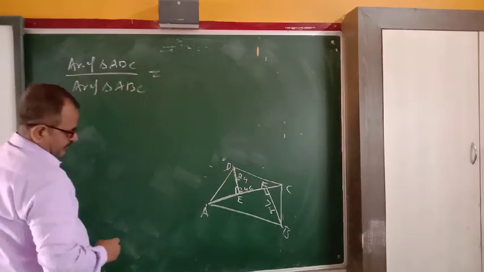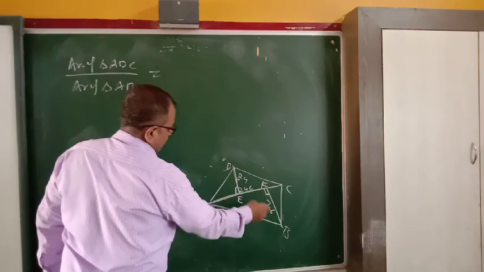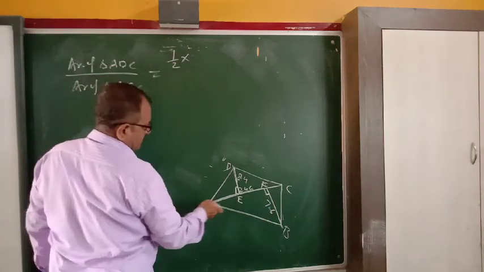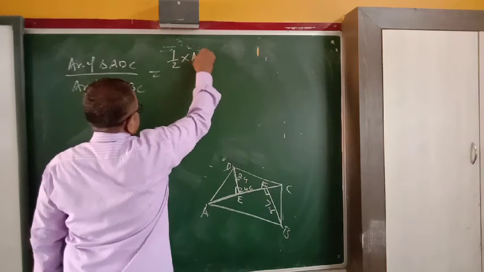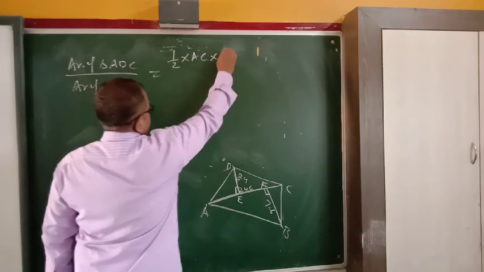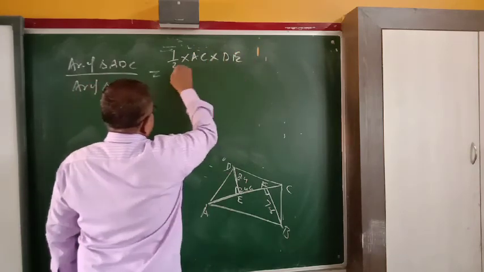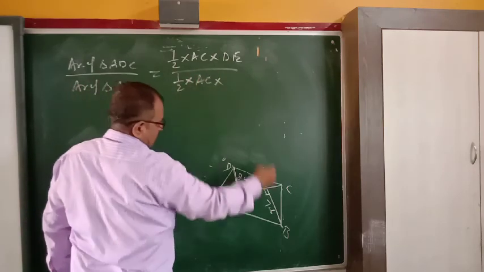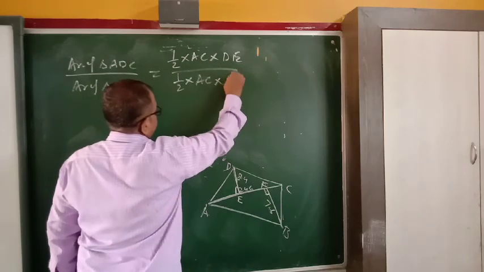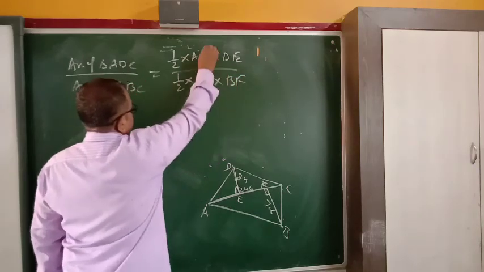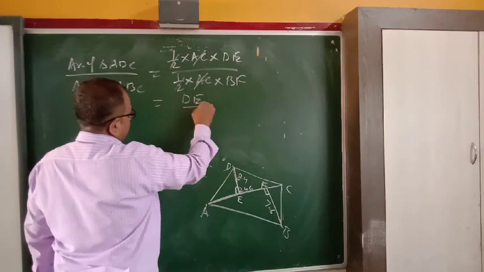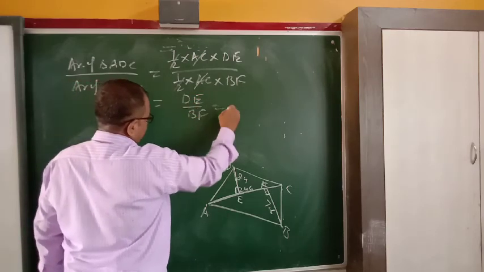ABC. ADC upon ABC. Area of triangle ADC is 1 by 2 base into height, base is AC and height is DE. 1 by 2 base is AC and height is BF. AC cancels with AC, half we can cancel, so we will get DE upon BF.